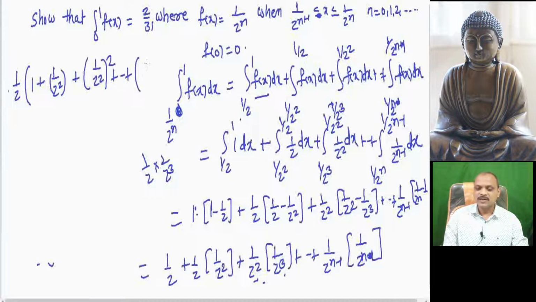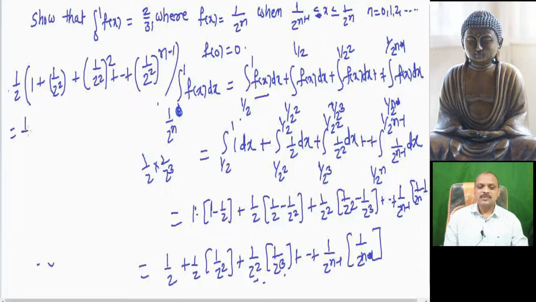Similarly here we can write 1 divided by 2 raised to 2 square whole raised to n minus 1. Okay, right.